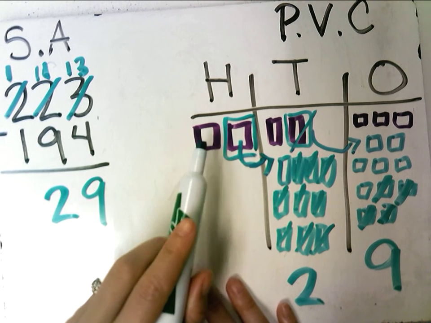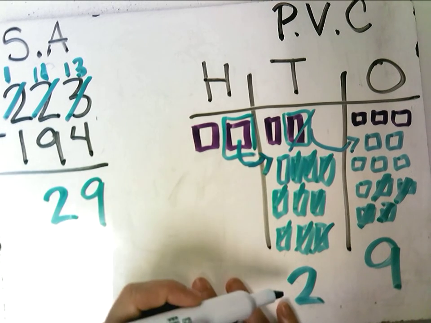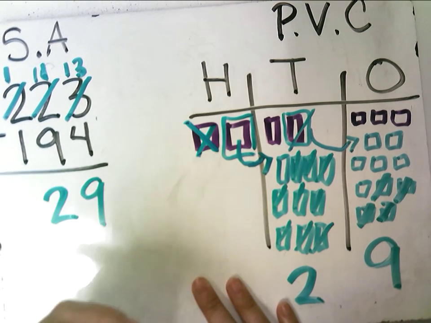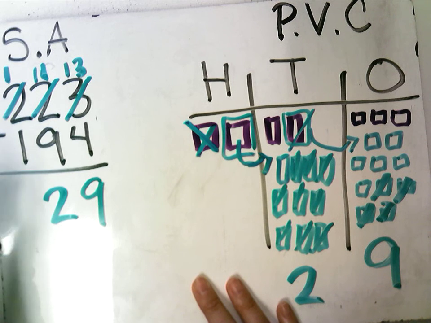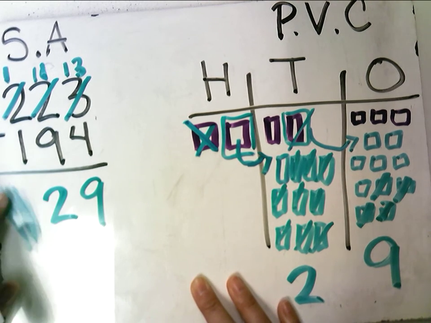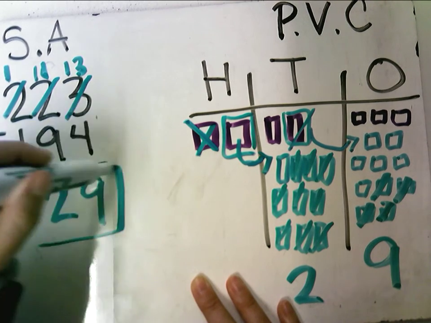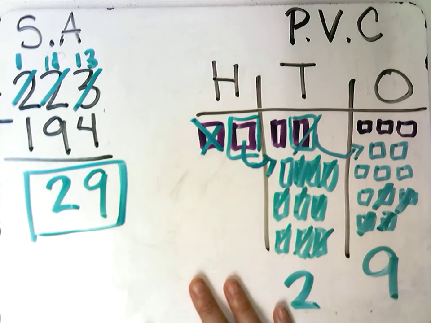Then we have our 1 hundred left here. We have to remember to take 1 hundred away. Took it away. 1 hundred minus 1 hundred is 0. But you never need to write your 0 if it's in the beginning of your answer. So our answer is 29.